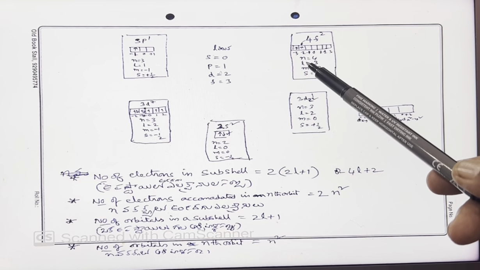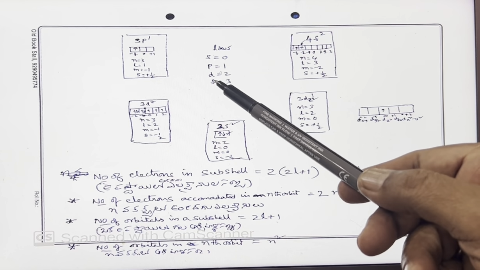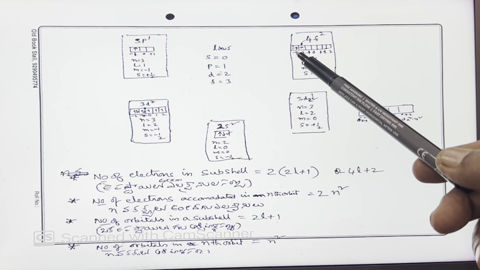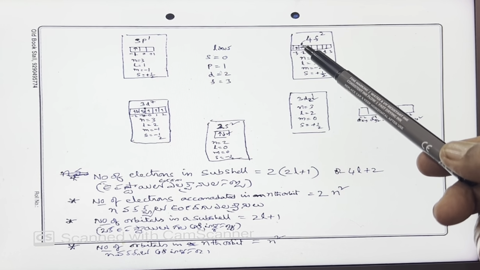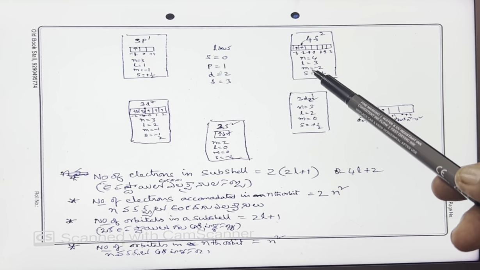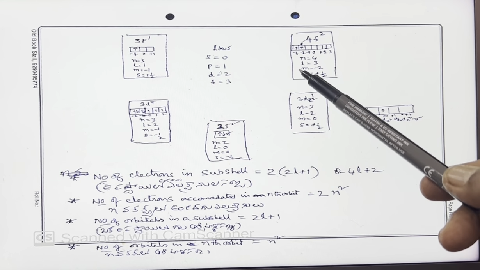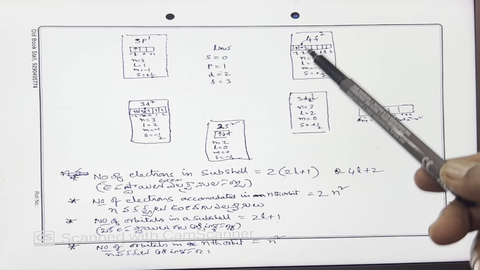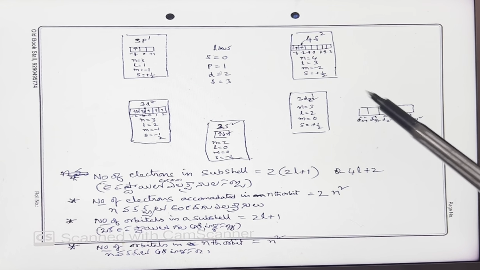For the f subshell, l value is 3. The m value runs from minus 3, minus 2, and this electron is in the minus 2 orbital. So m is equal to minus 2. As it is clockwise, an upward arrow, s is equal to plus half.